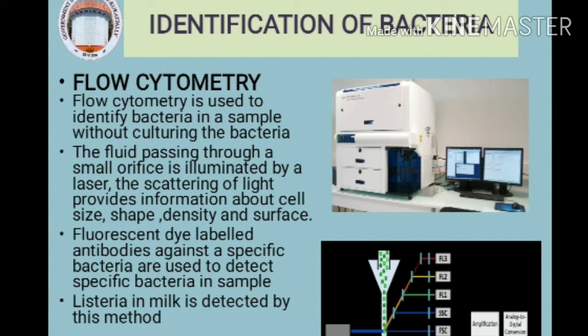Fluorescent dye labeled antibodies against a specific bacterial pathogen are used to detect the bacteria in clinical samples. By using this technique, Listeria in milk and Listeria in clinical samples are detected.